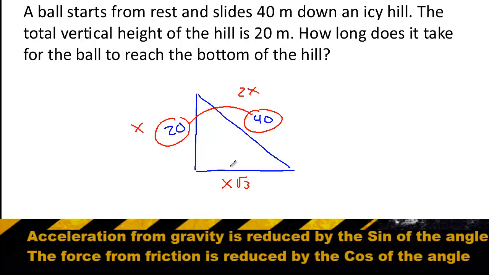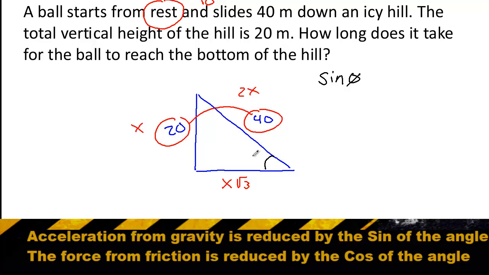Now we want to figure out how long the ball is going to take to slide down the hill. Our acceleration normally with a falling object is going to be 10. But in this case, the acceleration from gravity gets modified due to the inclined plane by the sine of the angle. And the sine is the opposite over the hypotenuse.